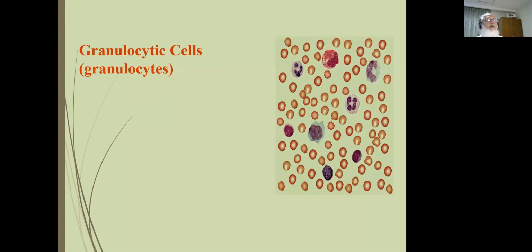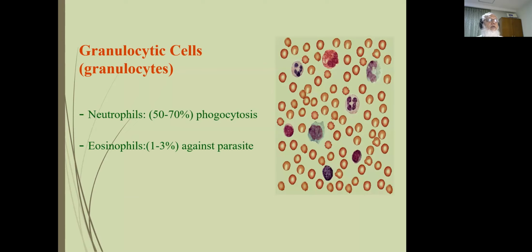Granulocytic cells, we know, are neutrophil, eosinophil, and basophil. Neutrophils constitute 50 to 70% of phagocytes; eosinophils 1 to 3%, against parasites, not by phagocytosis but by some other mechanism.